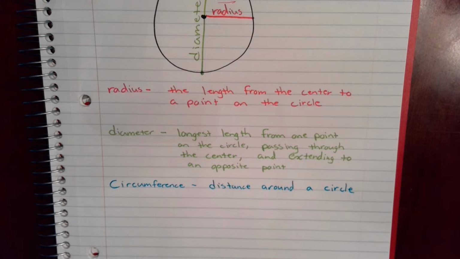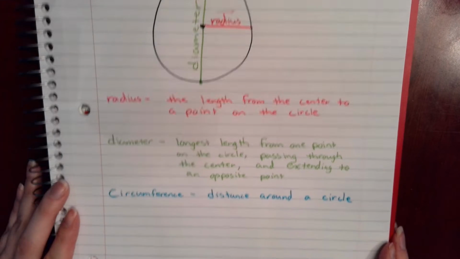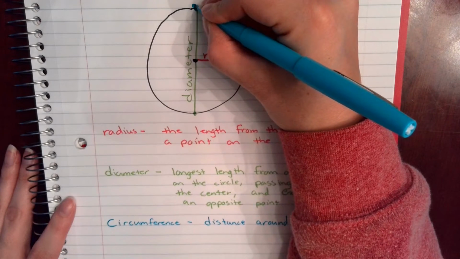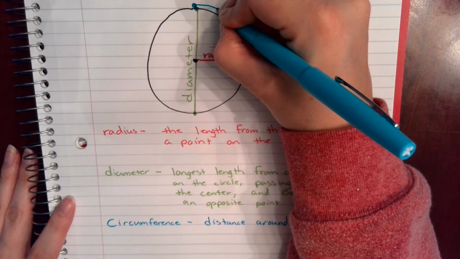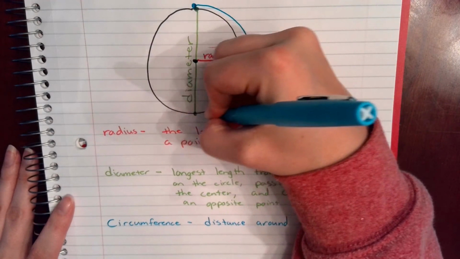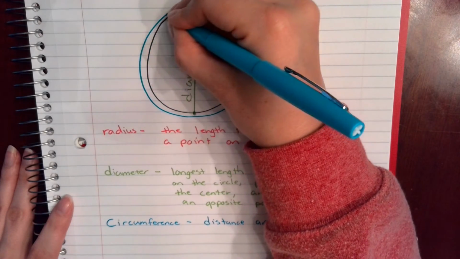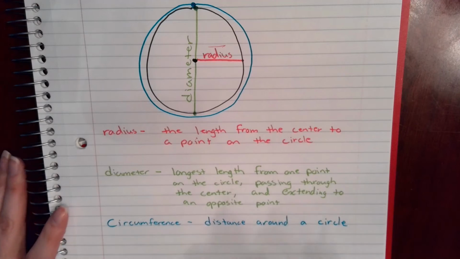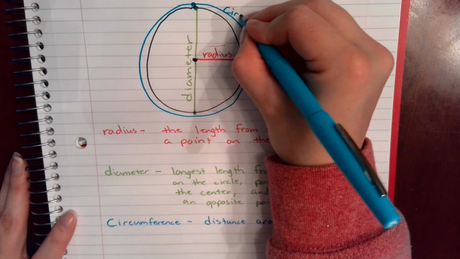It's your distance around your circle. So if we start at some point outside the circle and wrap our way around it, that is the distance around the circle. That would be your circumference.